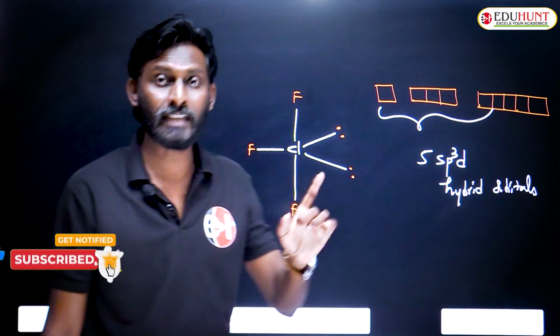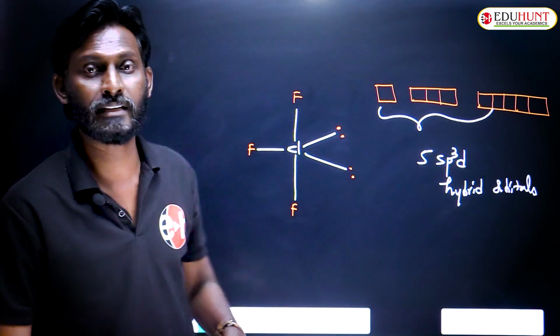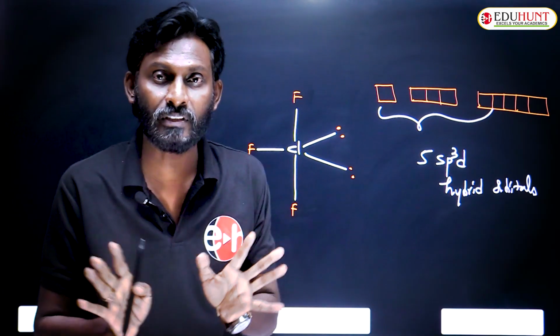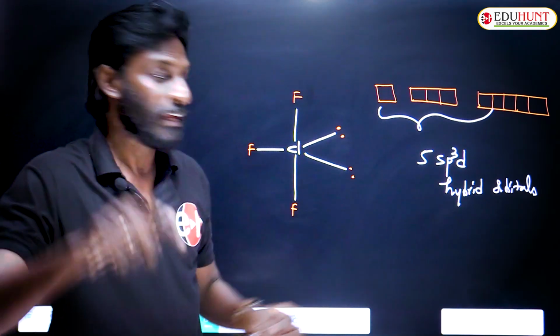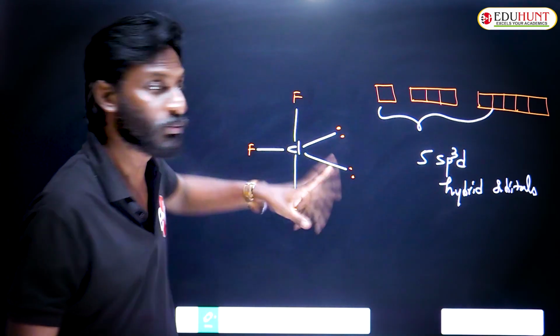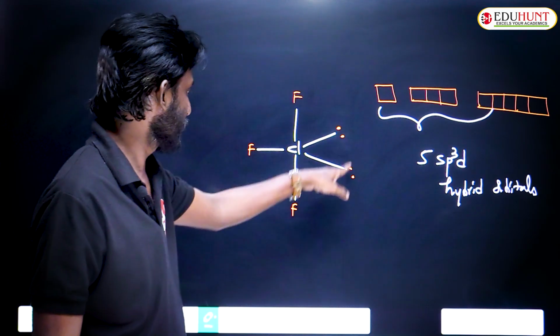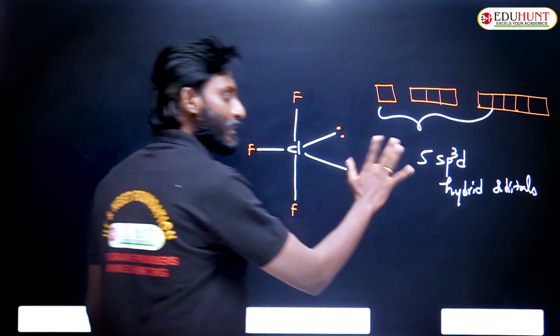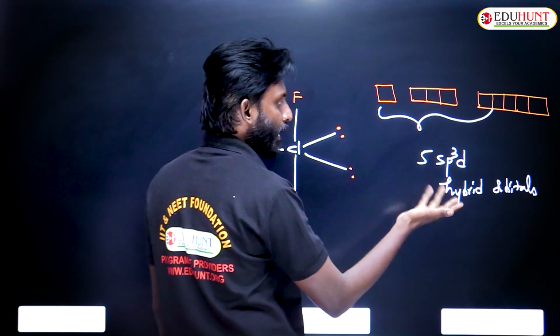In that hybridization concept, I explained that all 5 hybrid orbitals are of the same type in general, right? If all 5 are of the same type, then why do you get 2 different corners? I said these 3 are equatorial and these 2 are axial. So this hybridization is not just a simple sp3d.